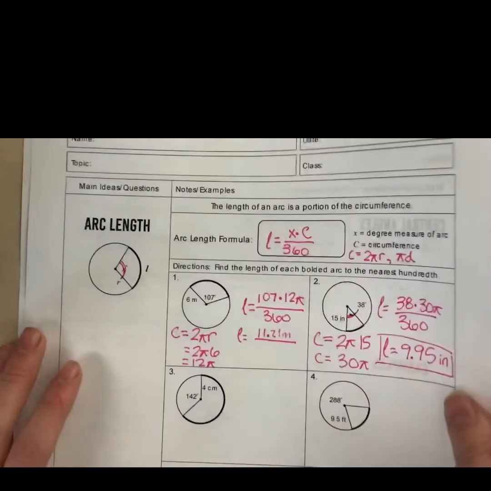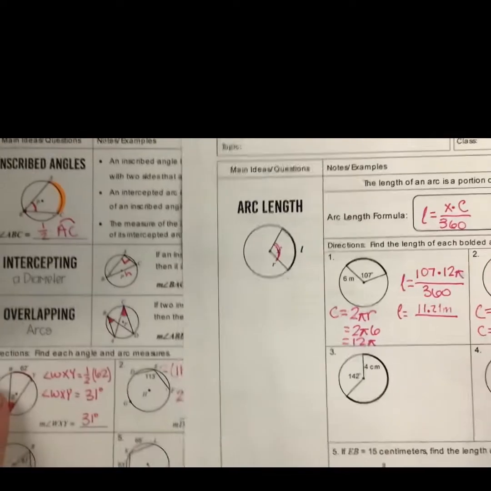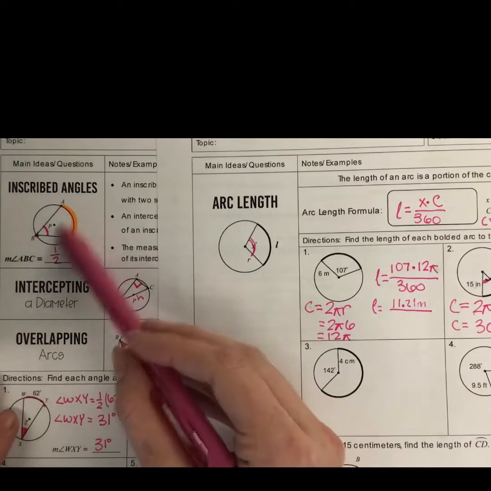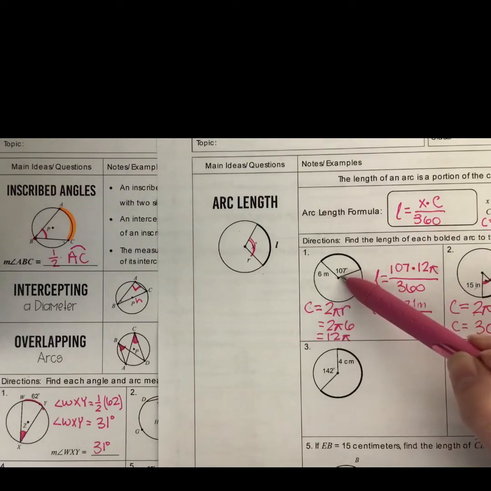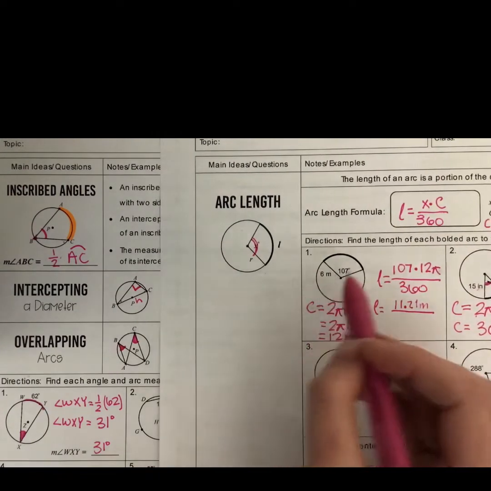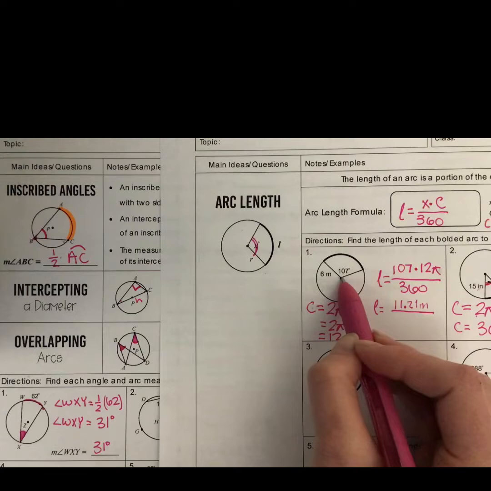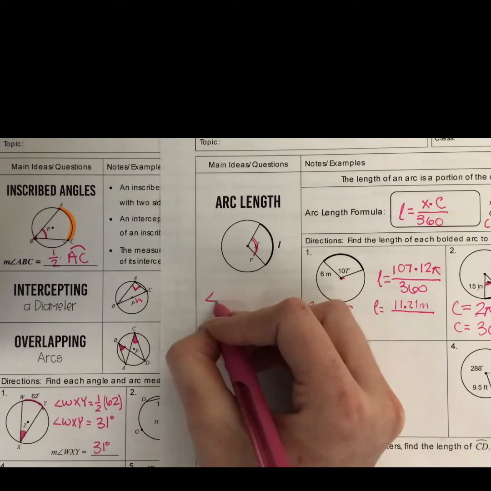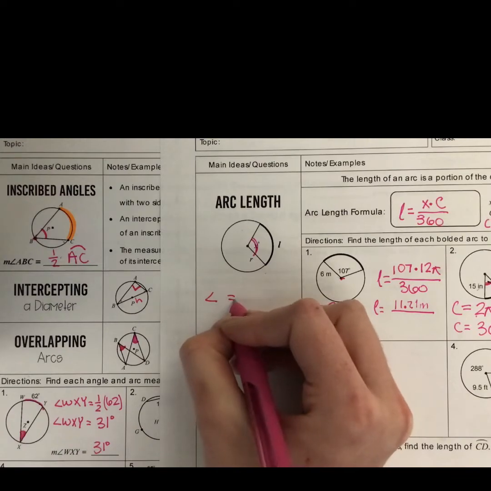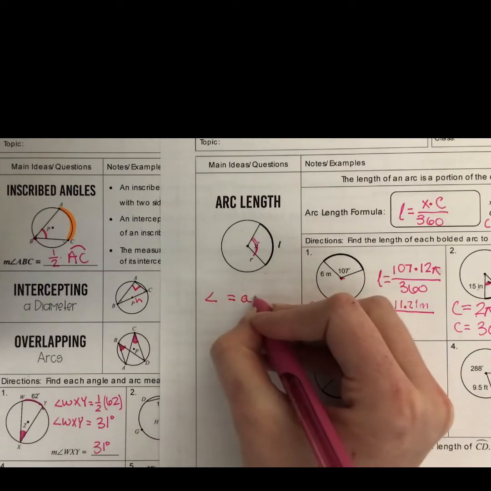So if I'm trying to find the angle measure like we were over here, I'm not all the way across my circle anymore. I'm only halfway across it. So when I have the arc length sizing here, this is actually going to be my angle is equal to my arc measure.